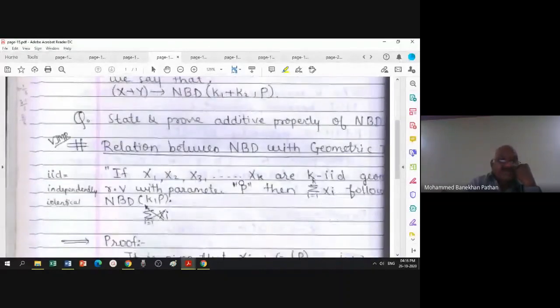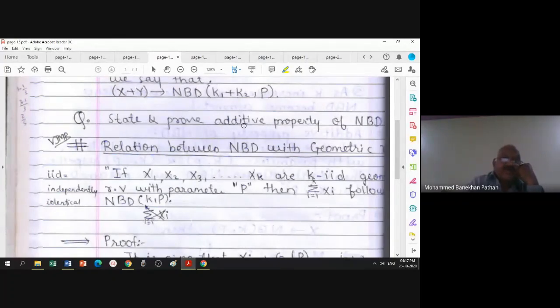X1 is geometric, X2 geometric. Suppose I speak only for X1, X2. If I add X1 with X2, the result will not remain in geometric. It will go to NBD. And that is why the geometric distribution does not satisfy the additive property.